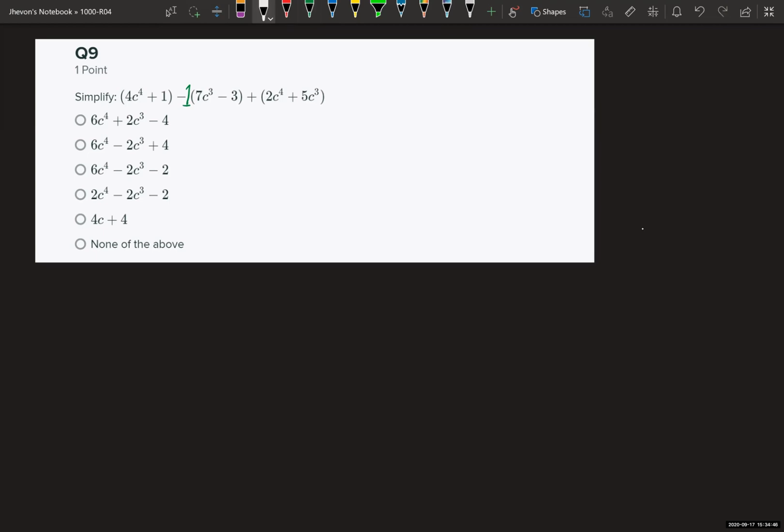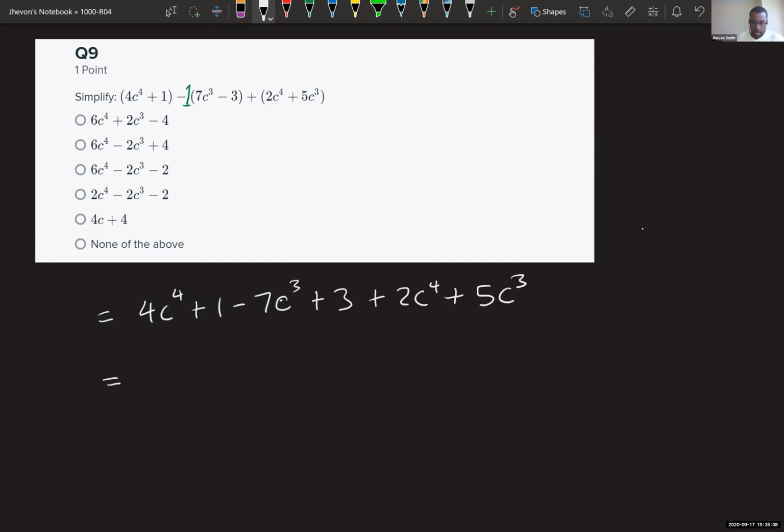And then you distribute, and then you get 4c to the fourth plus 1 minus 7c to the third, and then plus 3, and then plus 2c to the fourth plus 5c to the third. Then?